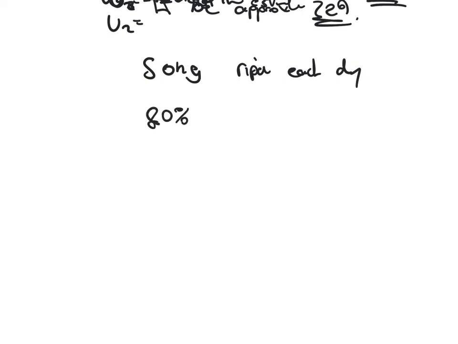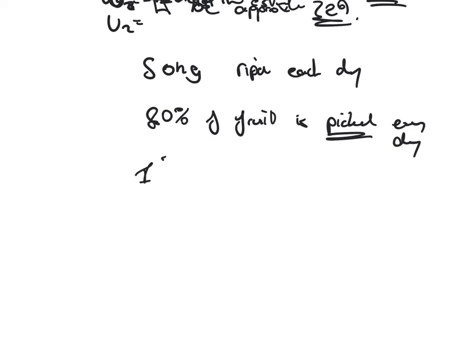So 80% of fruit is picked, so that's a very relevant piece of information every day. The estimated weight of ripe fruit on the 1st July is 3,000 kilograms.